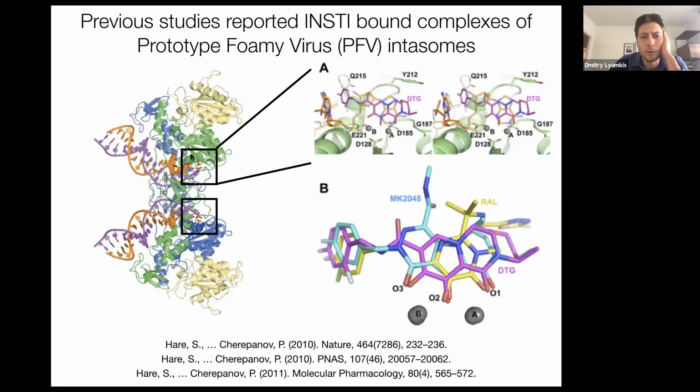The group of Peter Cherepanov showed a number of years ago how some of these compounds, not the latest generation ones, bind to the PFV intasomes. These binding modes are highly conserved.